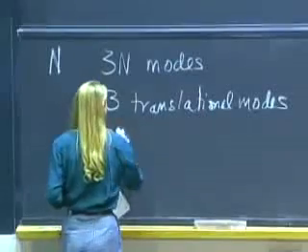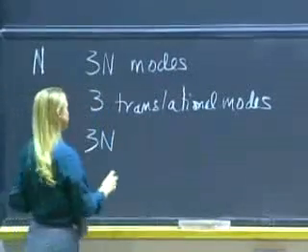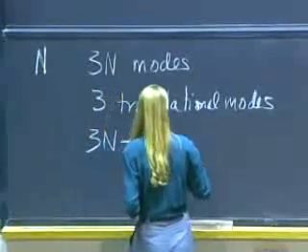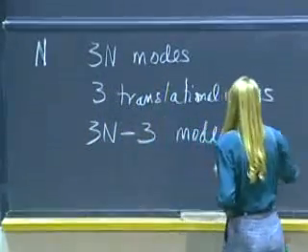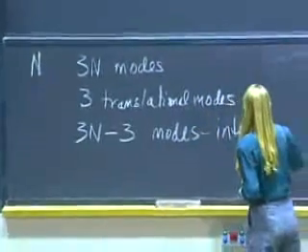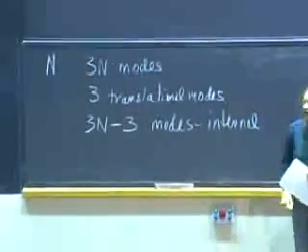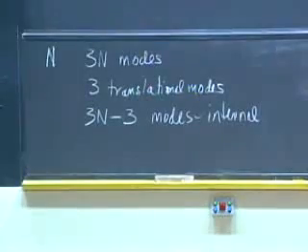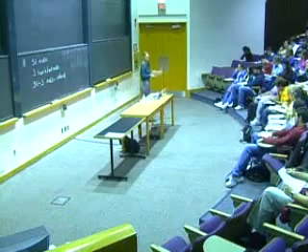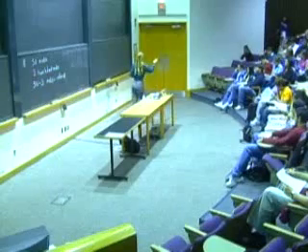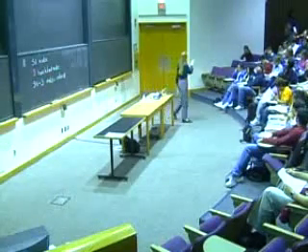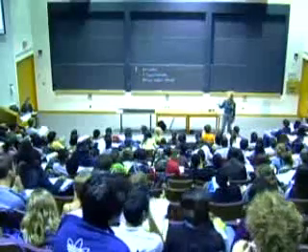And therefore, if we use 3 of these 3n modes for translation, then we have 3n minus 3 modes that are internal modes, internal degrees of freedom. All right? And that's what we really want to start looking at today. So, on the diagram here on the side, here's our n-atom molecule. There are 3n total modes.